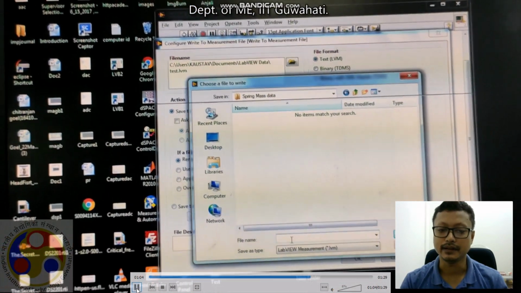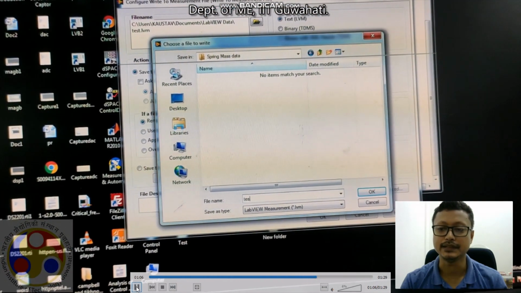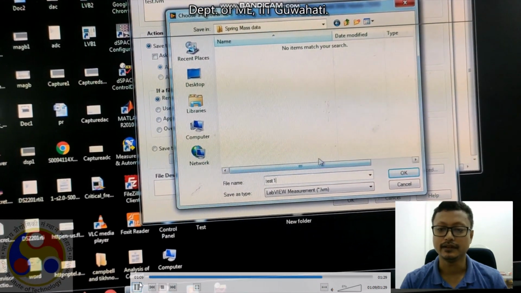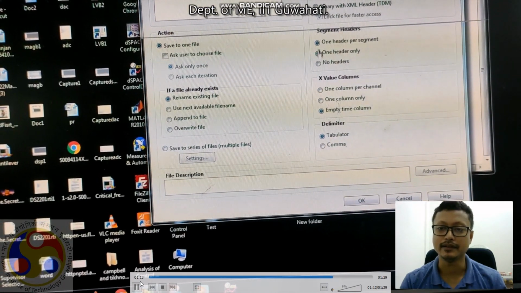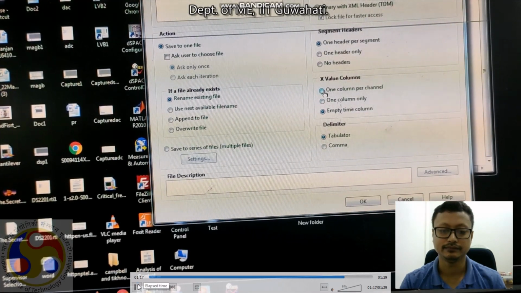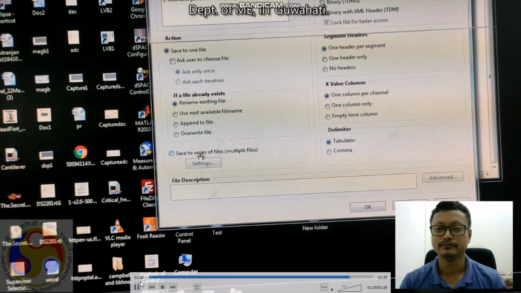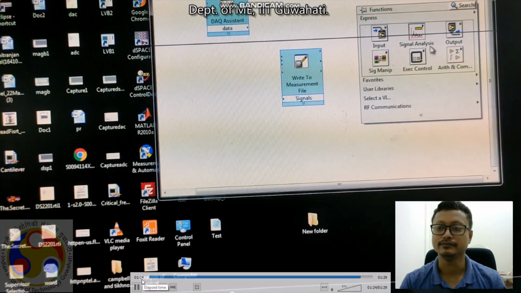Whatever data is collected from this accelerometer, you can save automatically on this PC. For that you can write any name like test1 or spring data, and you can give any particular name to your file. So these are the settings. So write measurement file has come.